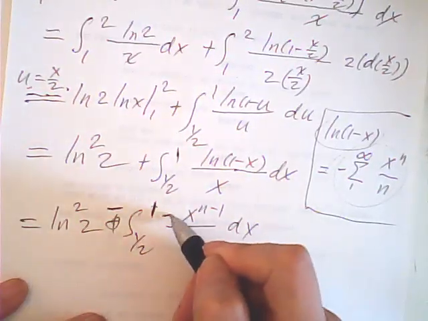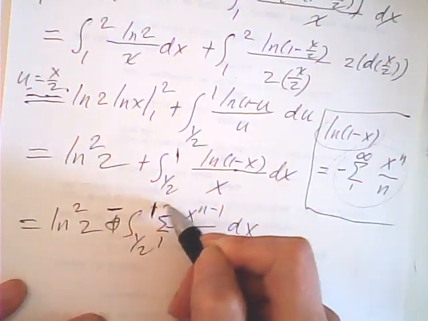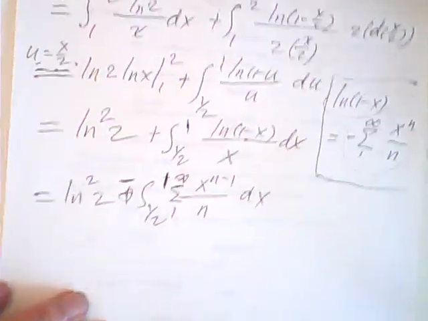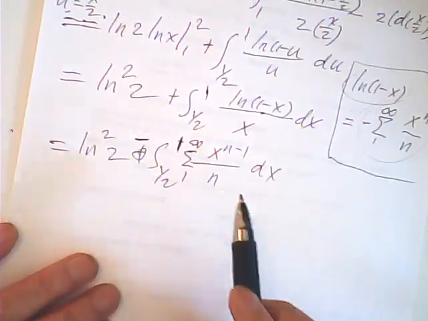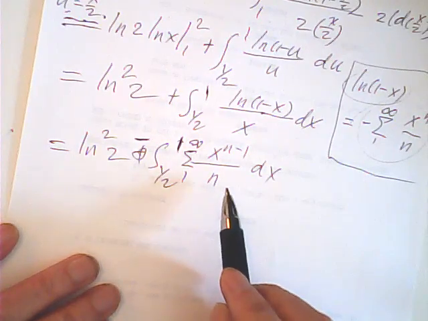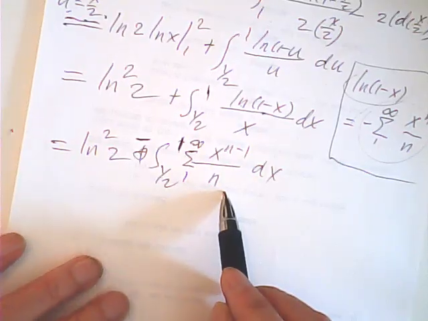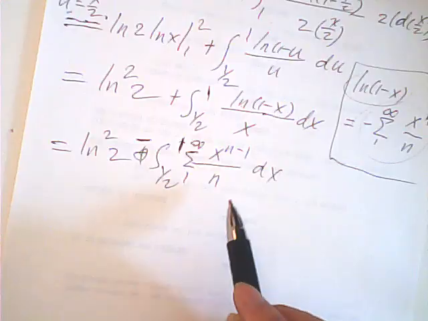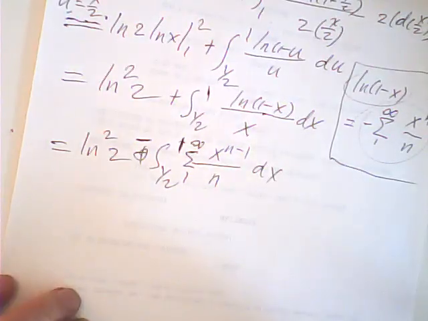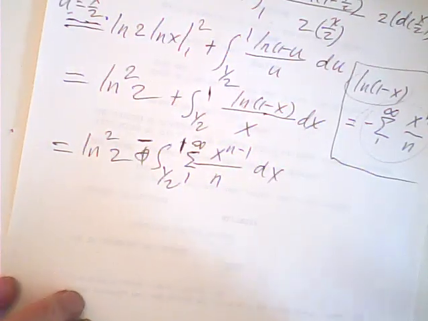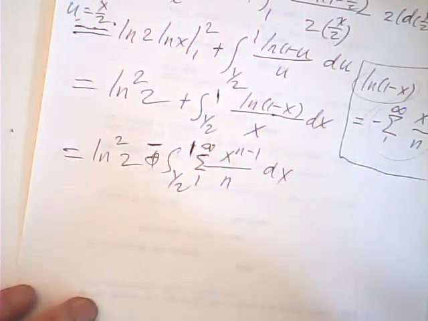A power series, n from 1 to infinity. Now this series is convergent, right? Between half and 1.